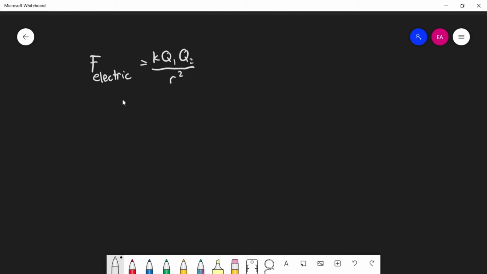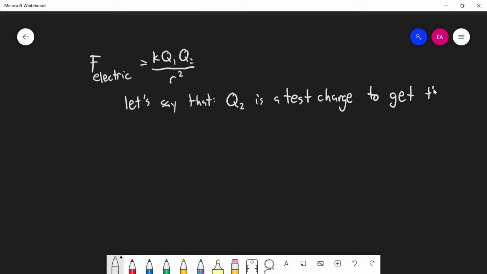Now let's say that Q2 is a test charge, used to get the electric field at distance R from Q1.